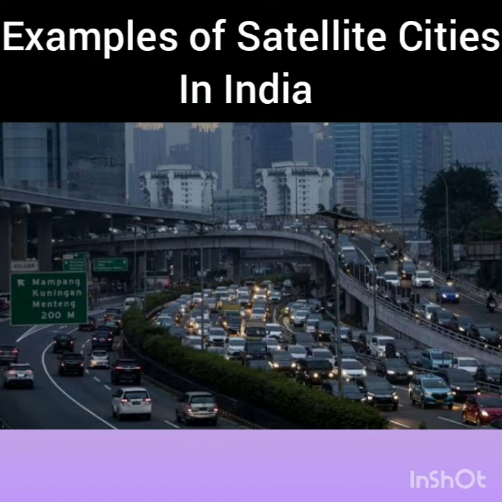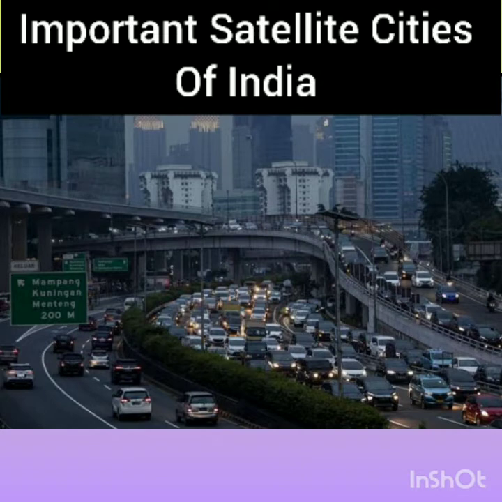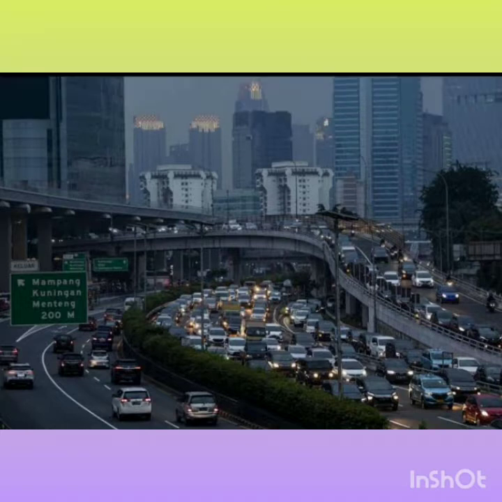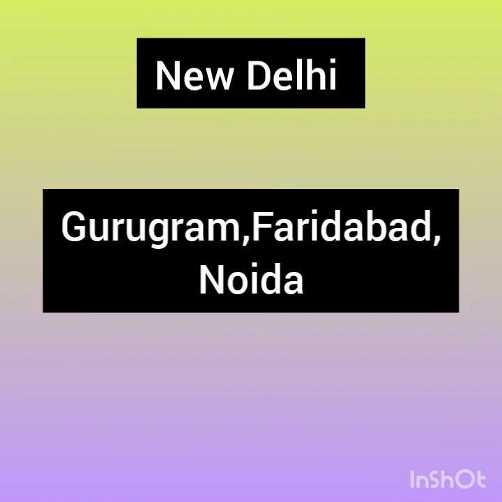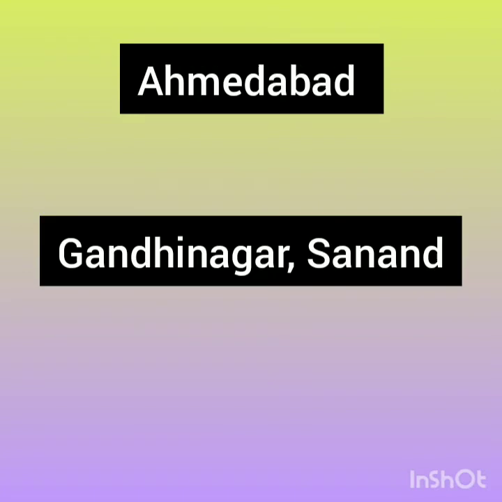Let's see examples of satellite cities in India. So, here are some important satellite cities of India. First, let's see each metropolis. New Delhi. Its satellite cities are Gurugram, Faridabad, Noida. Ahmedabad.